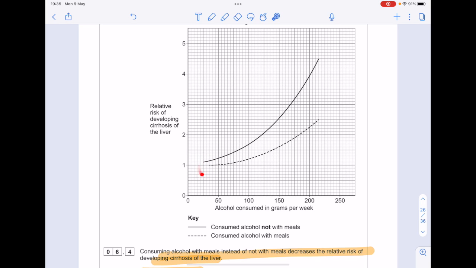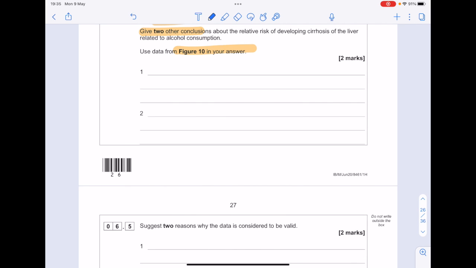If you just compare this bit of the graph here, as long as you have less than 50 grams per week, it doesn't really matter how much it is. It has no effect on your relative risk with a meal. However, without a meal, you're still going to see a slight increase in your relative risk as your alcohol consumption increases.